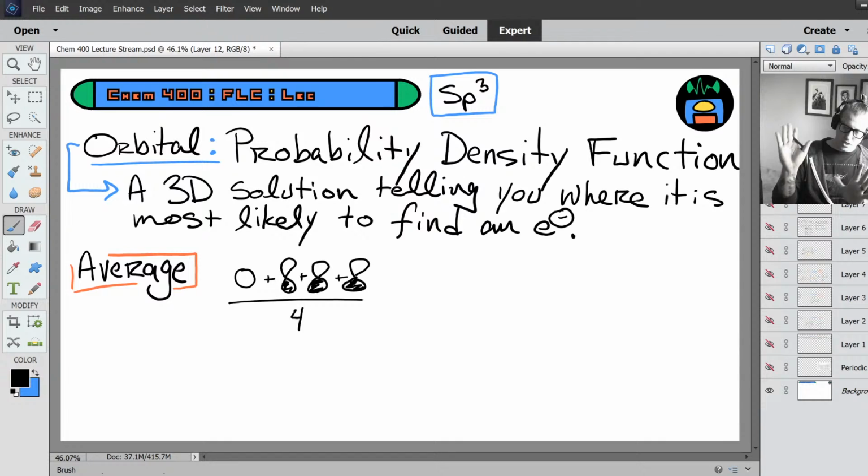So they took the orbitals that carbon had, the 2s orbital and the 3 p orbitals together, took an average of them, and recalculated these shapes, these probabilities of finding the electron. And they came up with a new type of orbital.